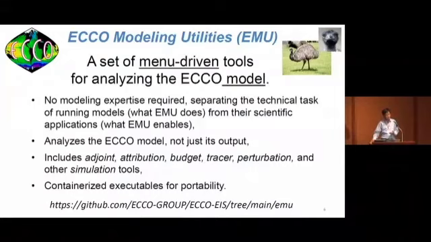EMU separates the technical task of running models from their scientific applications, allowing users to focus on the science. EMU analyzes the model itself, not just its output, enabling tasks such as computing adjoint gradients, evaluating budgets, running perturbation experiments, and computing additional variables beyond the standard output.